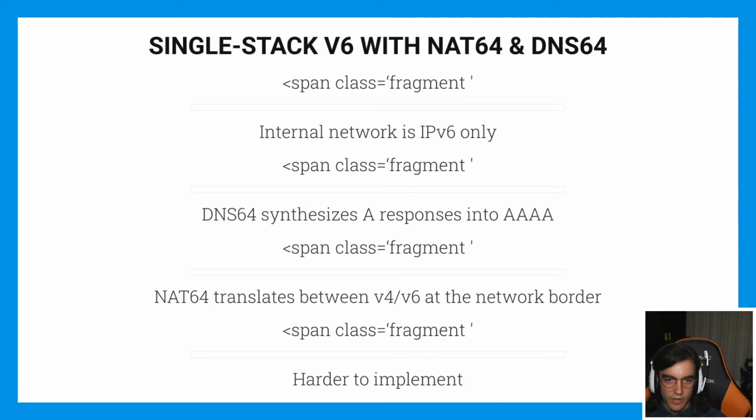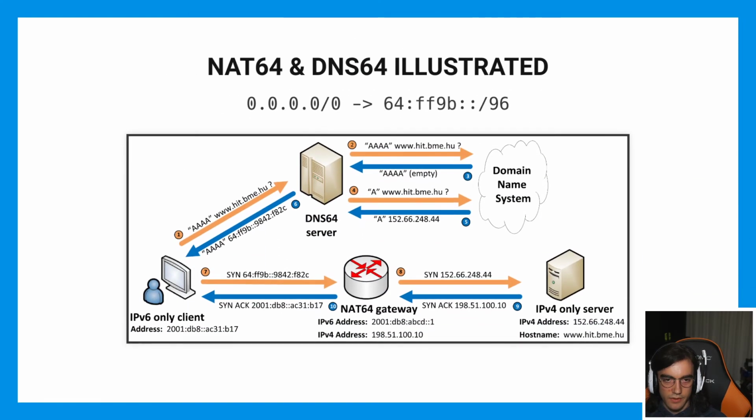This is a bit of a more advanced use case, which is harder to implement, and it's mostly used in data center networks. Basically how this works is that you drop IPv4 completely on your client.